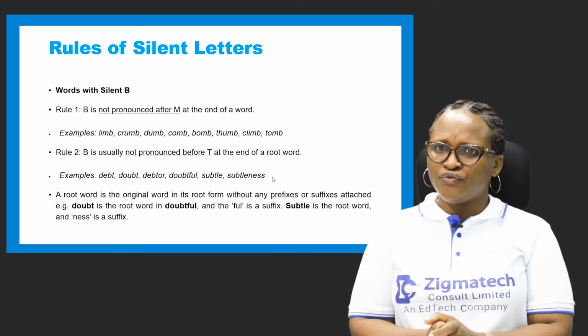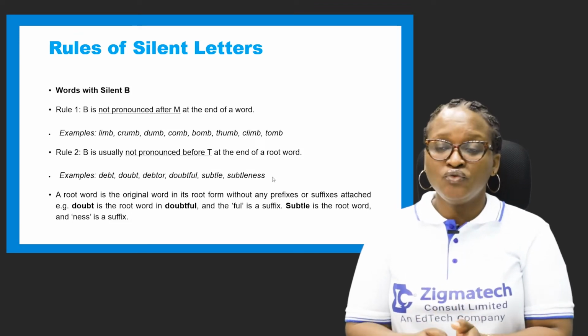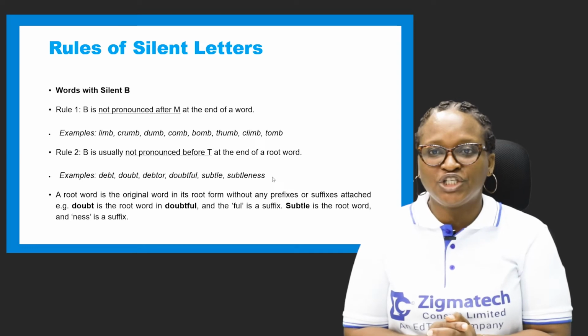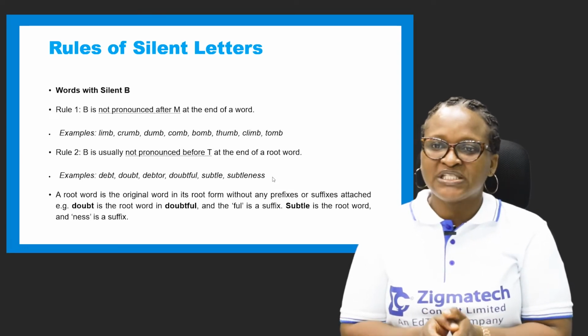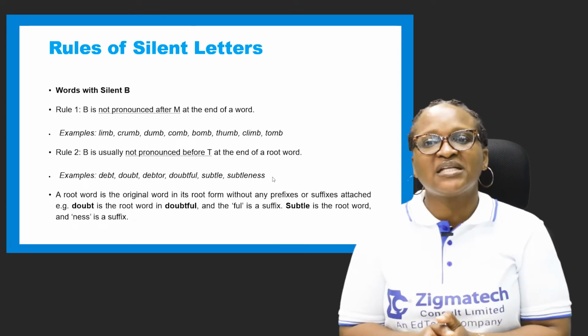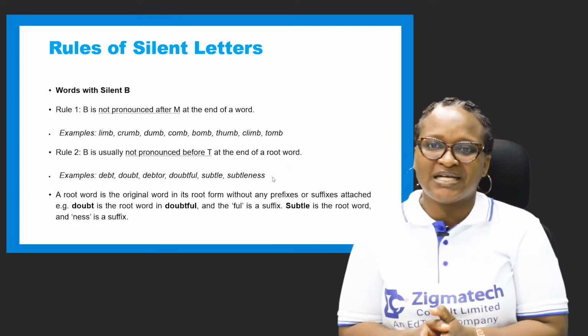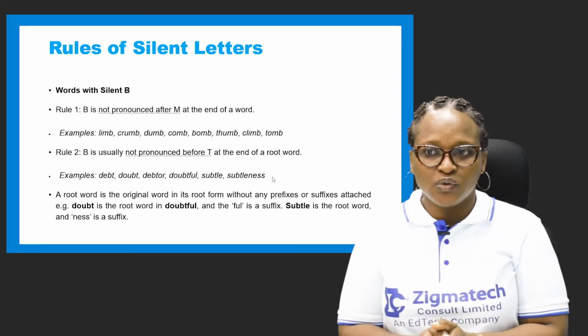Now let's look at the rules of silent letters. It is very important that we understand rules so that when we are in an exam condition and we are faced with words with silent letters, or a particular word has been given and you're asked to get the word that has the same sound as the underlined, you will not find it difficult.